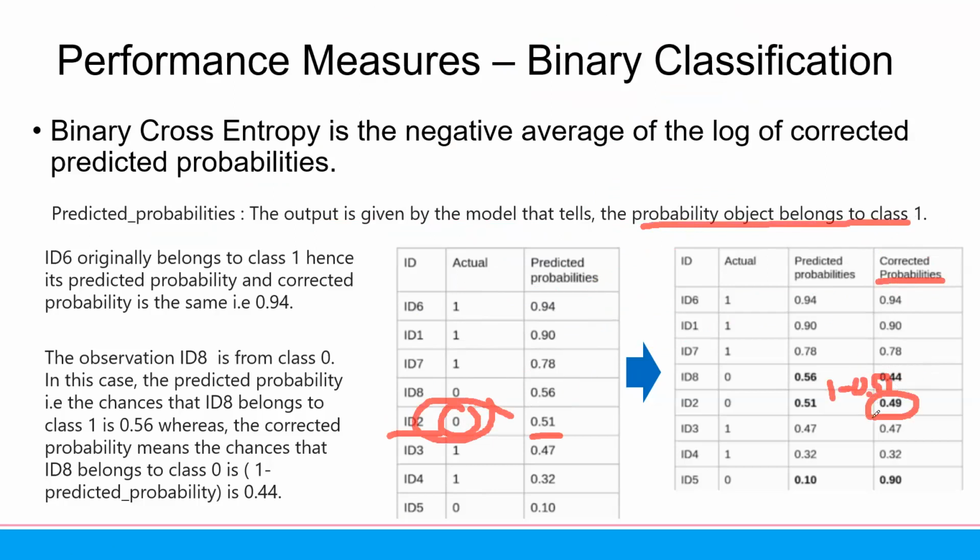So the result is 0.49. So we correct the probability into 0.49. Okay, ID 3. This is the same because the actual is 1. ID 4, the actual is 1. And ID 5, the actual is 0. Then we need to correct the probabilities. So the corrected probability now becomes 0.9.